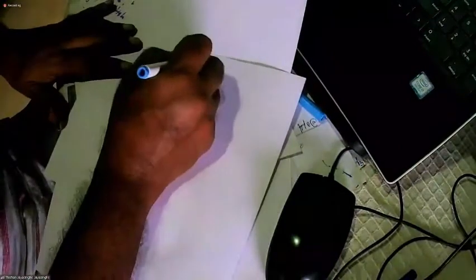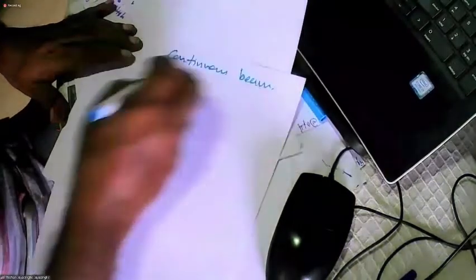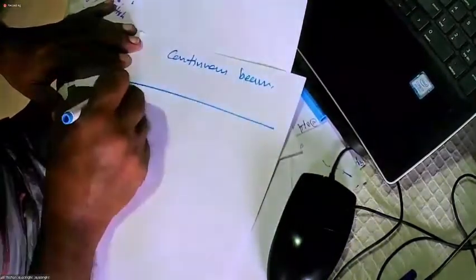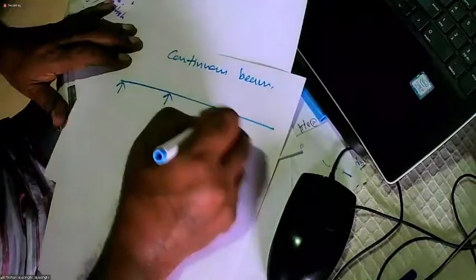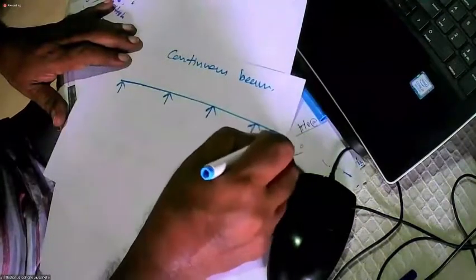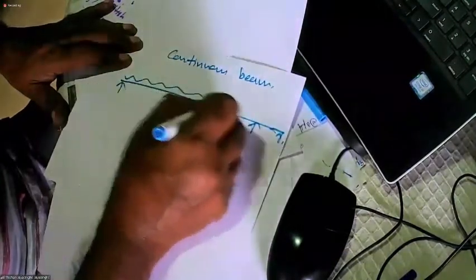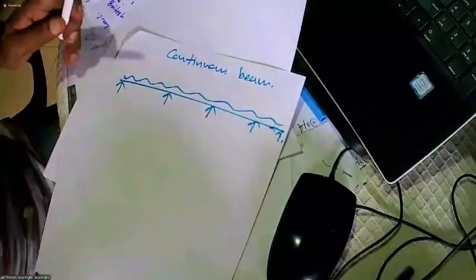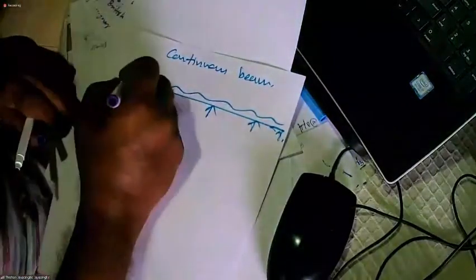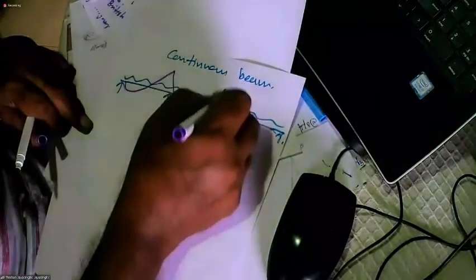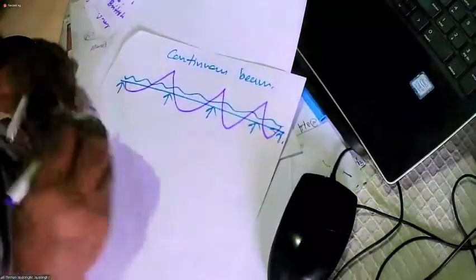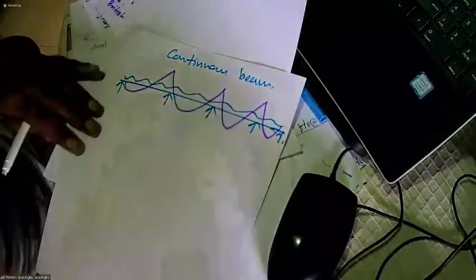Continuous beam. Beam is continuous. Dead load. What is the shape? Can you get a dead load envelope like this?